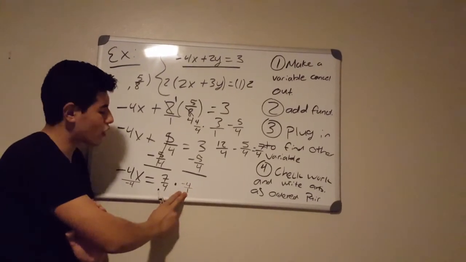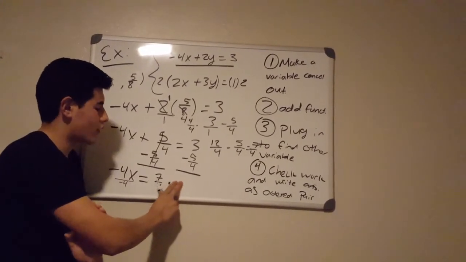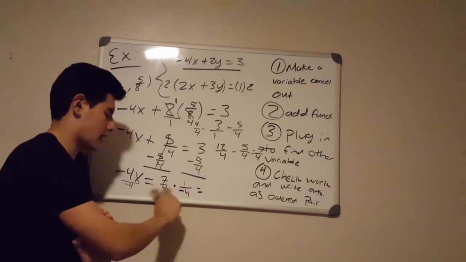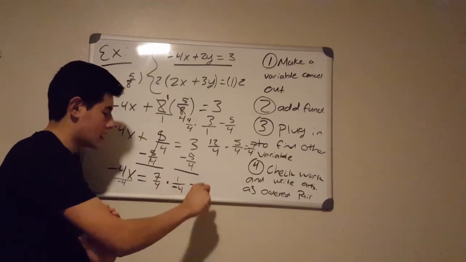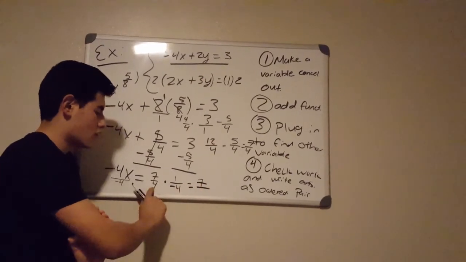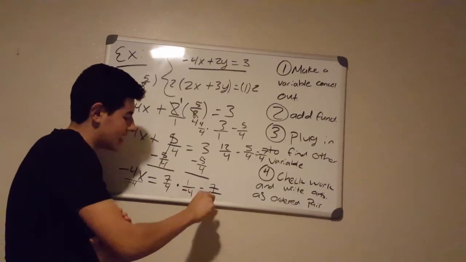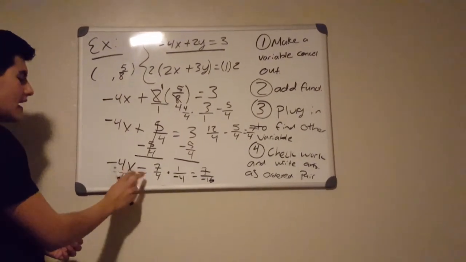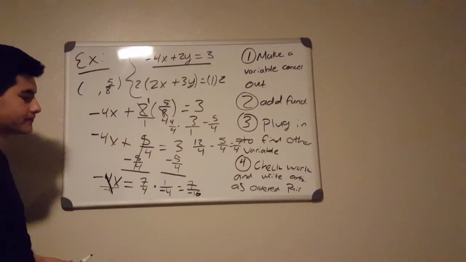So instead of negative 4/1, we're going to have 1/-4. And then multiply across. So 7 times 1 is 7, 4 times negative 4 is negative 16. And that is our x value.